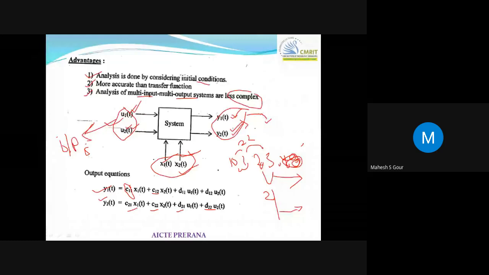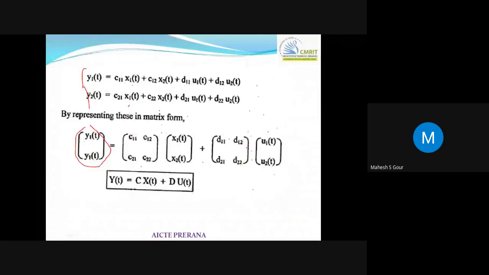And x1, x2, these are your initial conditions. So I showed how to represent the output y1 in terms of the inputs and initial conditions. Now, from this, I'll convert this into matrices. So y1 and y2 are my outputs, and I write them as a column matrix.